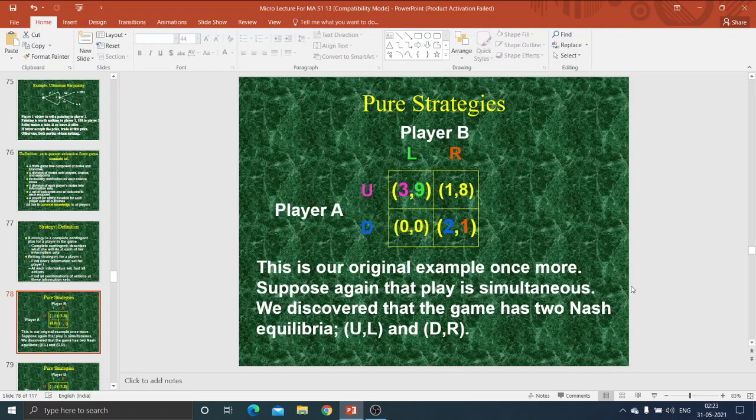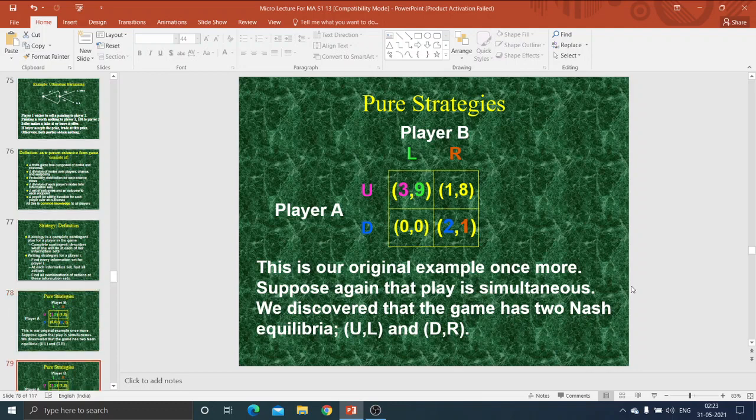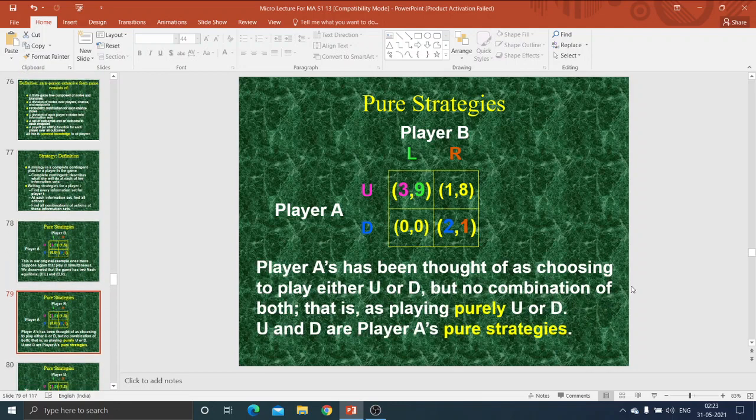So this is our original example once more. Suppose again that play is simultaneous. We discover that the game has two Nash equilibria, UL and DR. Player A has the option of choosing to play either up or down but no combination of both, that is, playing purely up.